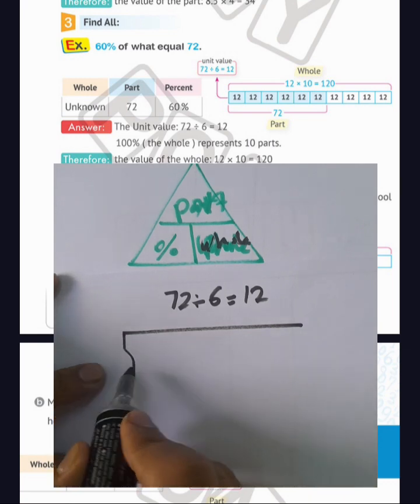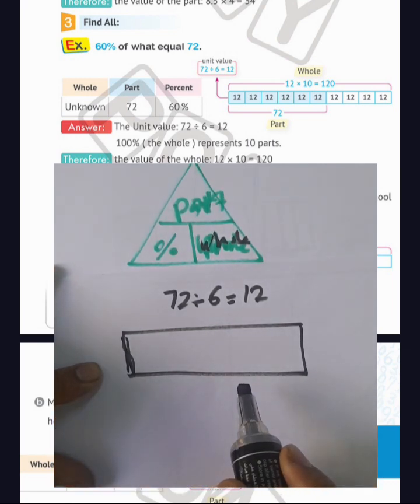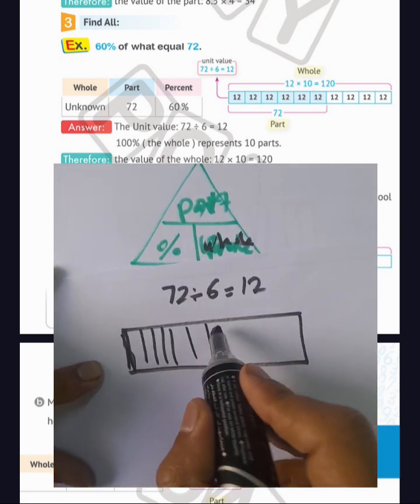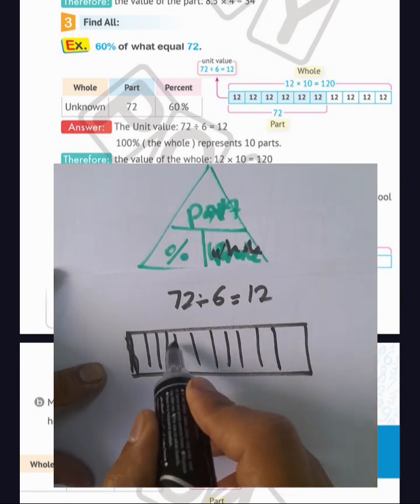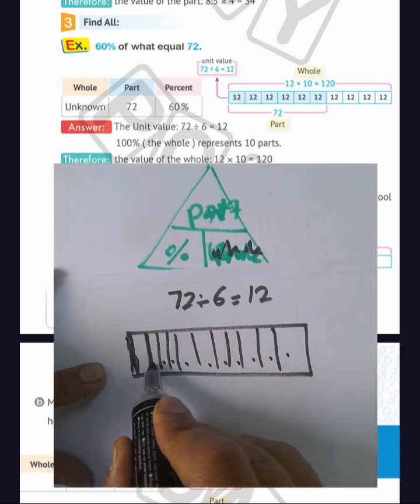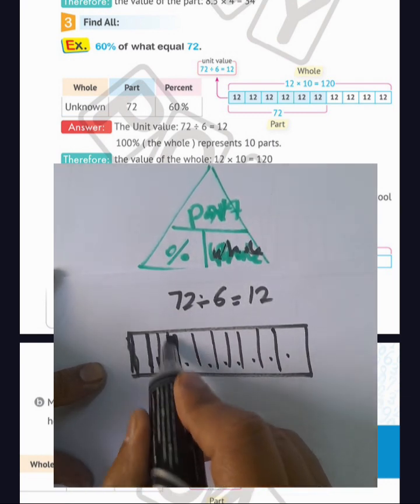Then we will draw this table and divide it into 10 parts.